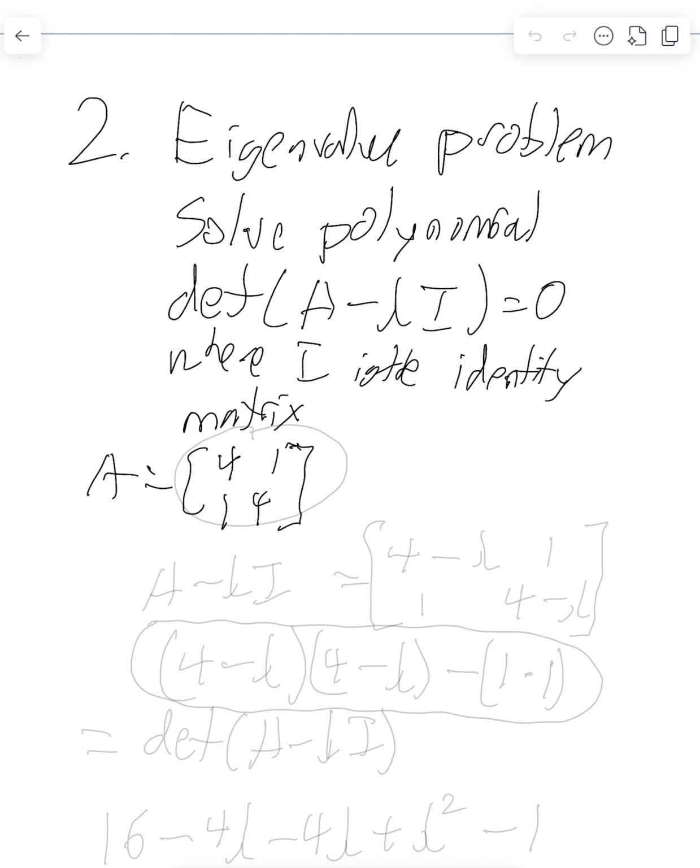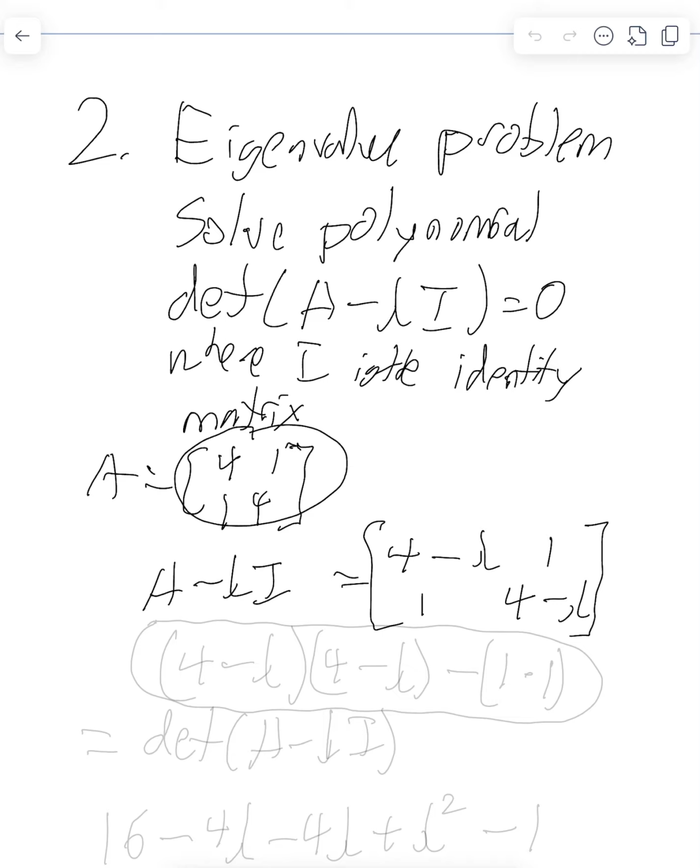So the determinant of A minus lambda times the identity matrix is just equal to 4 minus lambda, then 1, and then 1 and 4 minus lambda, because A is equal to 4, 1, 1, 4 over here, and lambda times the identity matrix, so you just subtract the two.